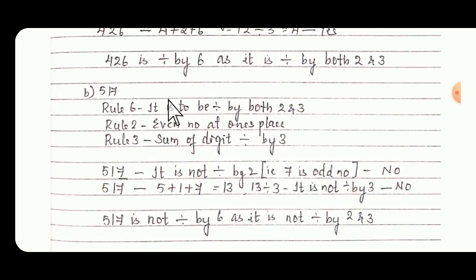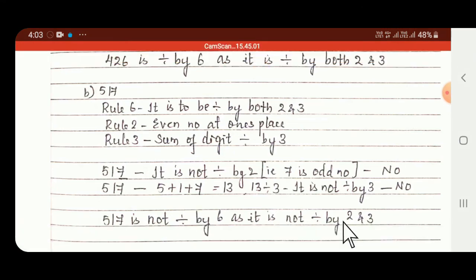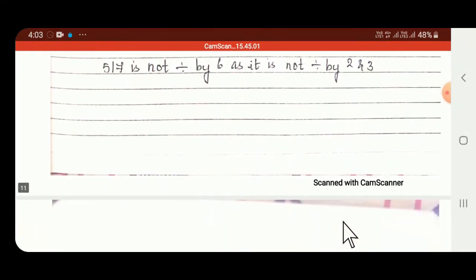See, in 517, 7 is not an even number, so it is no. Then if you add, the sum of the digits is 13, again it is not divisible, so both are no. 517 is not divisible by 6 as it is not divisible by 2 and 3. If both are no, or if one yes and one no, that number is not divisible by 6.